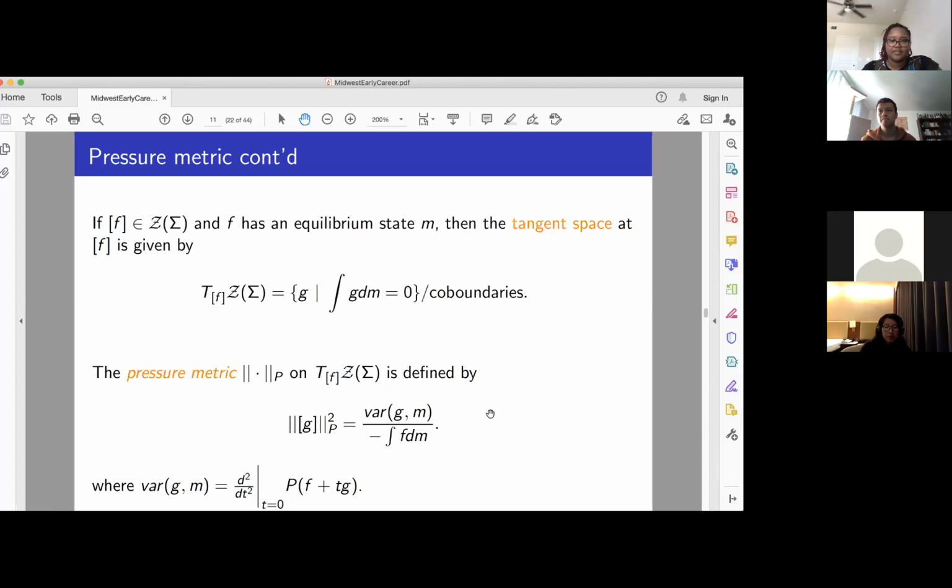In Mark's talk in the morning, we saw that the pressure function was real analytic, so we can take various derivatives of the pressure. So here we're basically considering the second derivative, right? One can calculate this, and this is what is called the variance, and it is indeed related to the variance in probability.